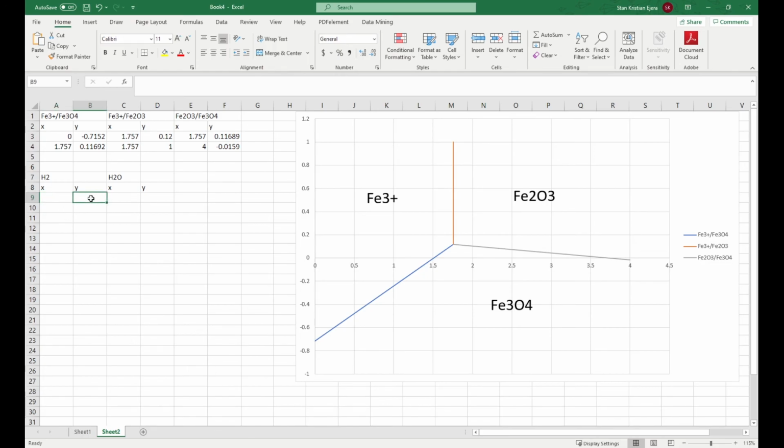So, if we did that, Y is equal to this value times 0.0591 or 0.0592, 0. Tapos, yung sa H2O naman, it's 1.229 minus 0.0591. Or 0.0592.